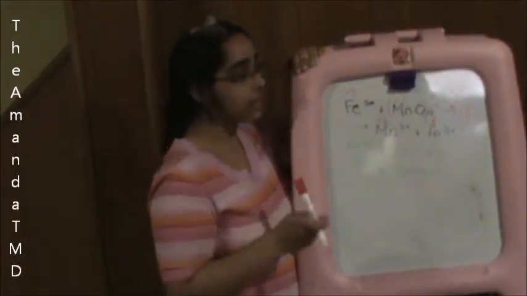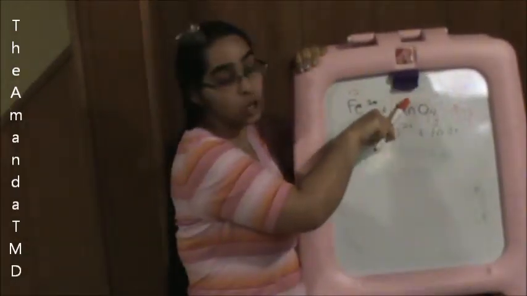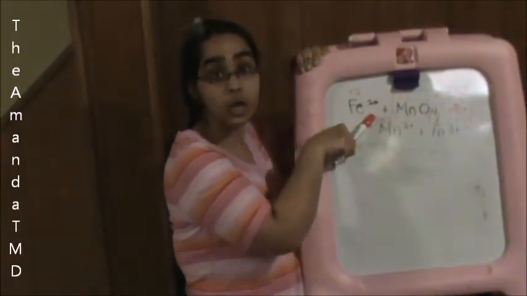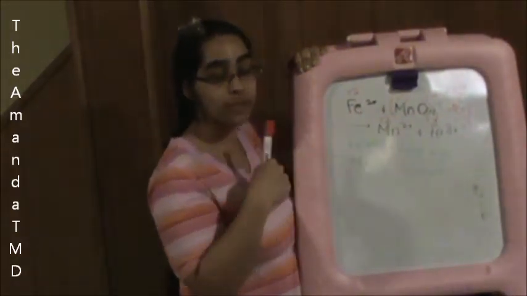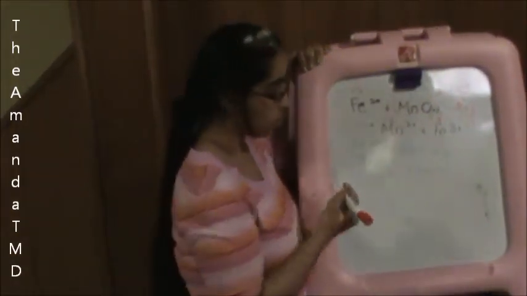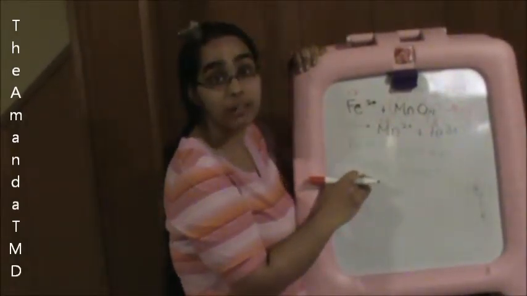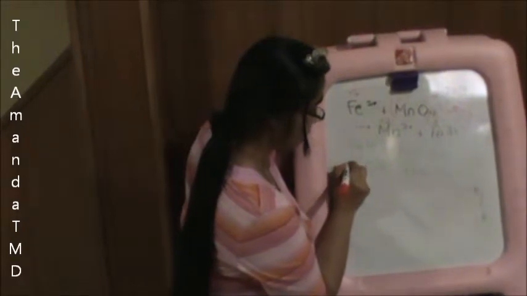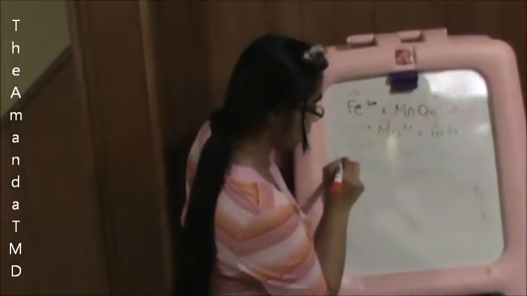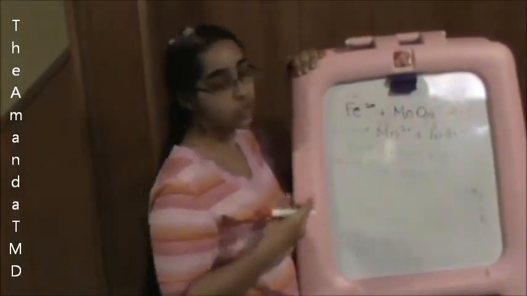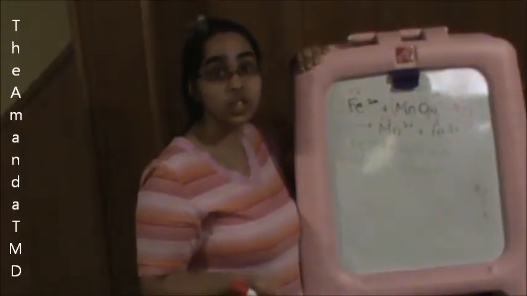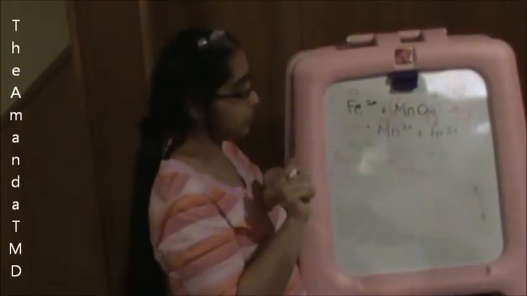So now you see that it's going from +7 oxidation to +2 oxidation, which means that I've gained 5 electrons. So now on my reactant side, I have to add 5 electrons. And this will tell you if it's a reduction equation or an oxidation.